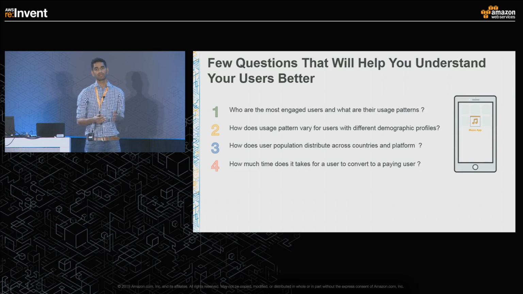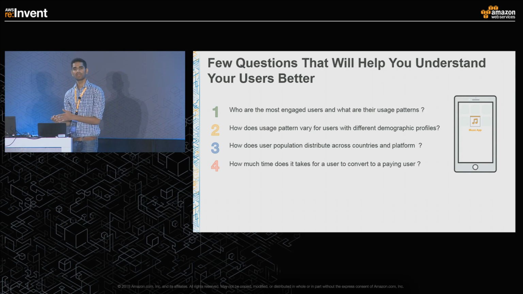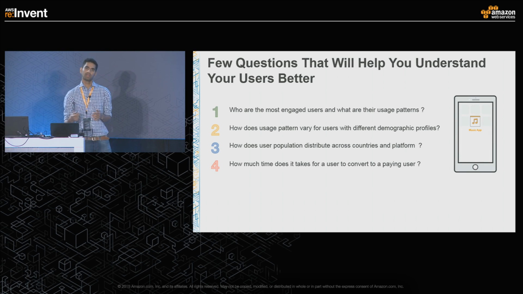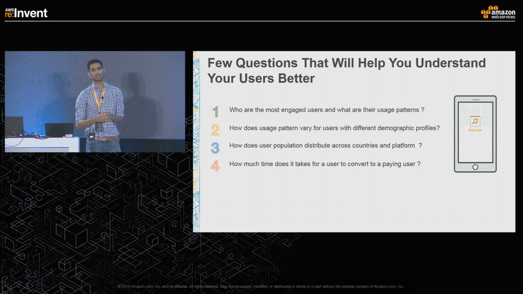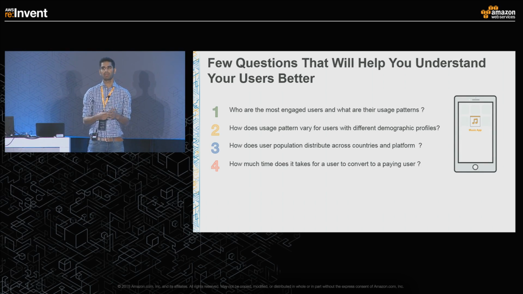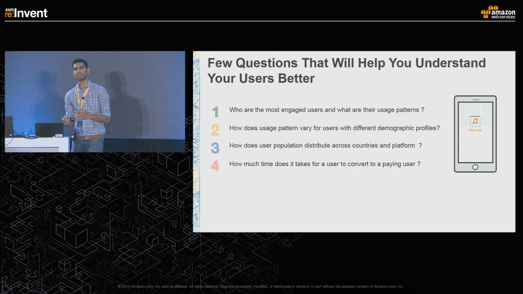And now knowing this information is so powerful, because as a developer, what you could do is formulate strategies to move users from non-desired segments to desired segments. And you could also ask questions around how this usage pattern varies by platform, or how it varies by country.